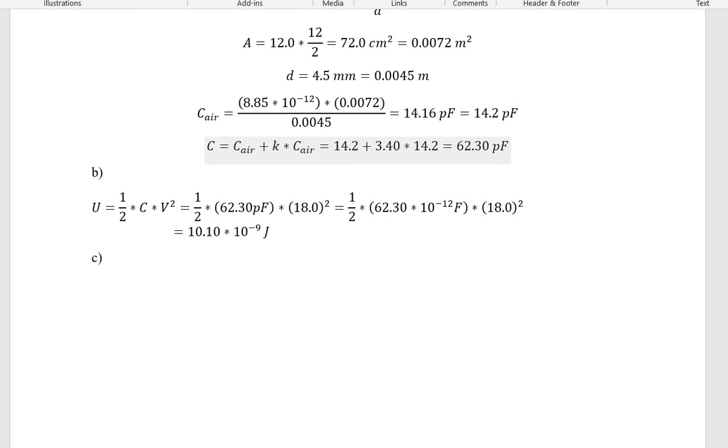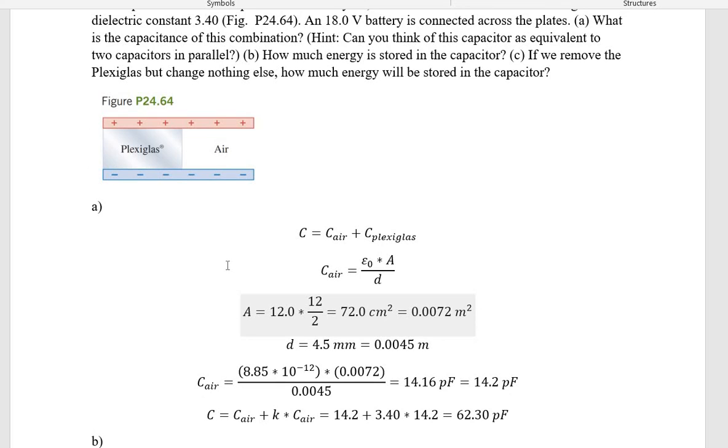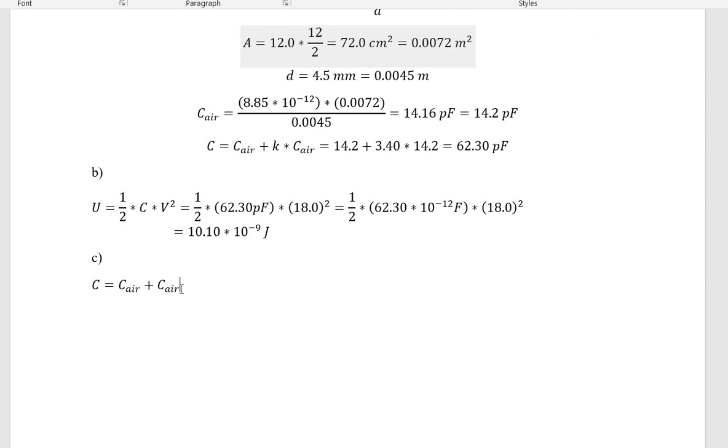So basically we have to obtain the new formula for this new capacitor, which is going to be capacitance of air plus the same capacitance of air, because we're going to have both parts of air instead of air and plexiglass, because we removed this part. So simply calculating this, we will have 14.16 picofarads multiplied by 2, and this gives us 28.32 picofarads.